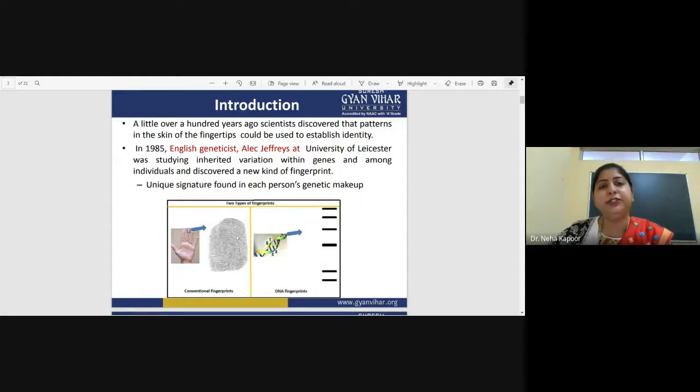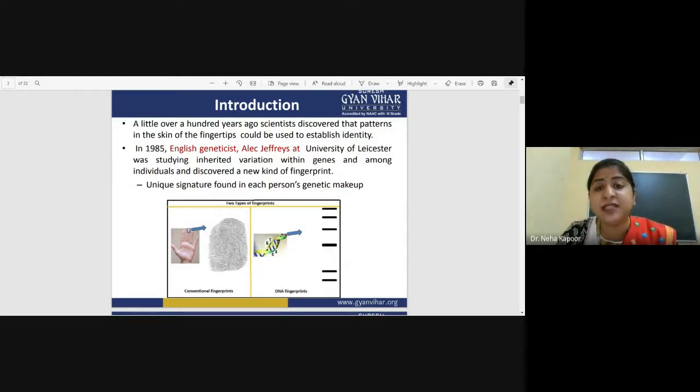So in the year 1985, there was an English geneticist, Alec Jeffreys. He was studying at the University of Leicester, and he discovered that there is some inherited variation within the genes, and because of that, each individual has a different kind of gene cluster or gene group. So he discovered a new kind of fingerprint out of these variations in the gene.